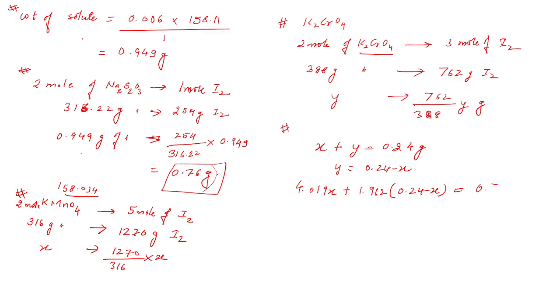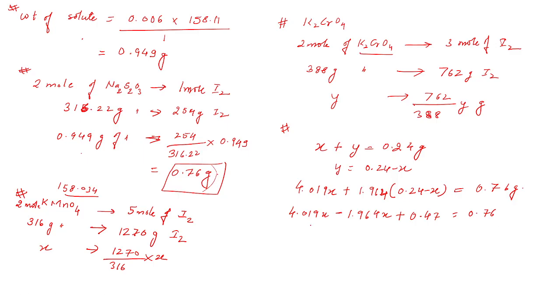Okay, and when you solve it you will find it out. 4.019x plus 1.964x minus plus 0.47 is equal to 0.76 gram.